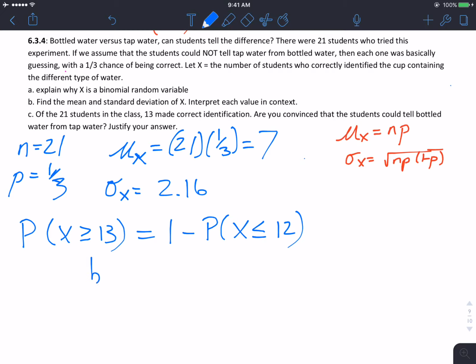We could do a binomcdf, binomial cumulative density function, with the number of trials being 21, the probability as a third, and finally our x value as a 12.